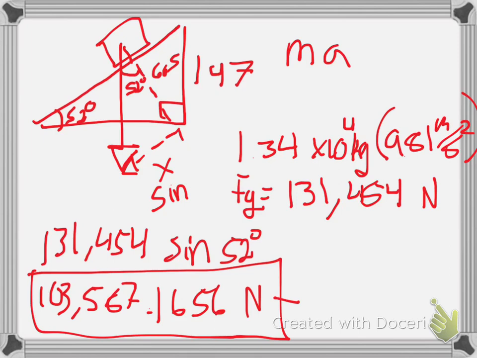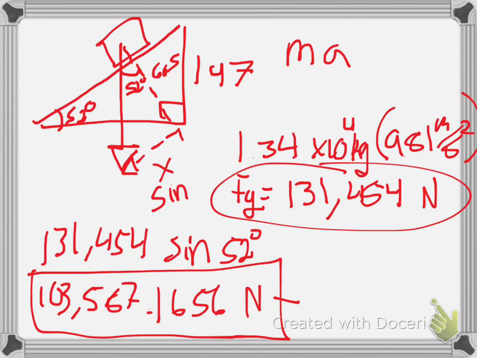So, our normal force is going to be equal in magnitude to the component of the force of gravity that's perpendicular to the surface. So in this case, it would be cosine times this lovely number here.